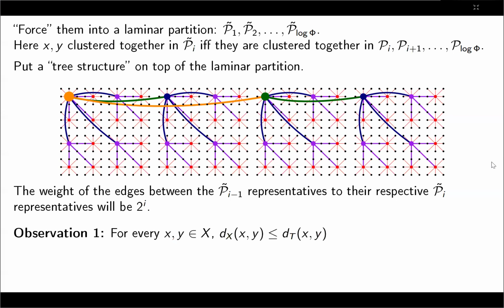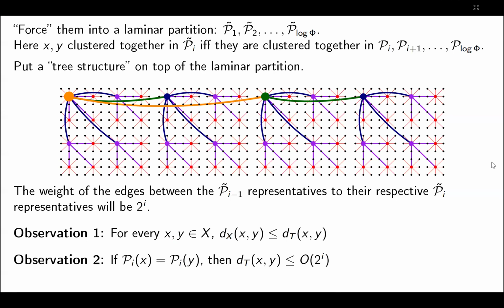So here's the first observation. First of all, this thing is dominating, in the sense that no distance could become smaller. Why is that? Because the weights I put were always larger than the actual distance. So there's no way you can do any shortcuts. And the other observation is that if point X and point Y are clustered together at scale i, the distance between them will be at most 2 to the i, up to a constant.